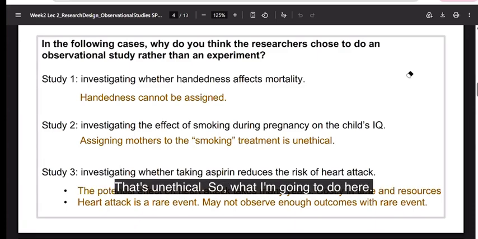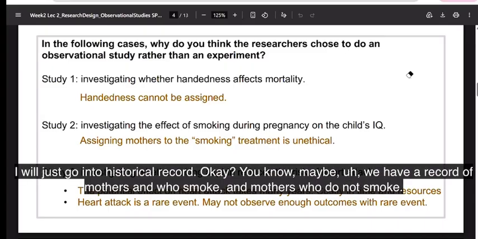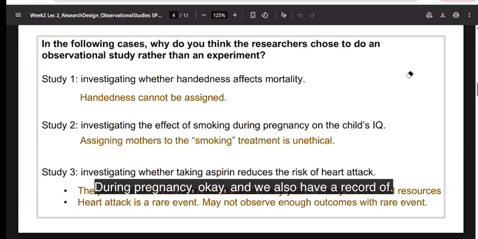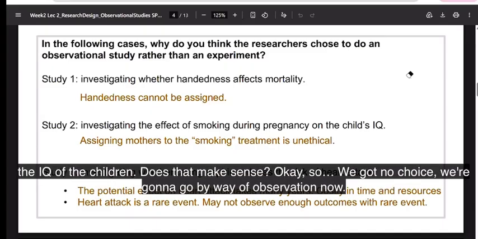So what I'm going to do here is go into historical records. Maybe we have a record of mothers who smoke and mothers who do not smoke during pregnancy, and we also have a record of the IQ of the children. Does that make sense? So we've got no choice.